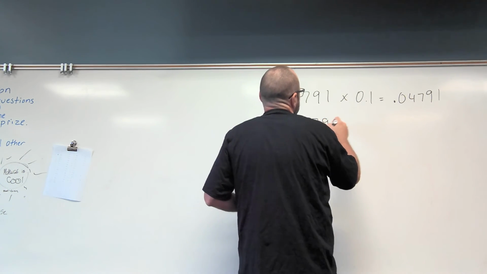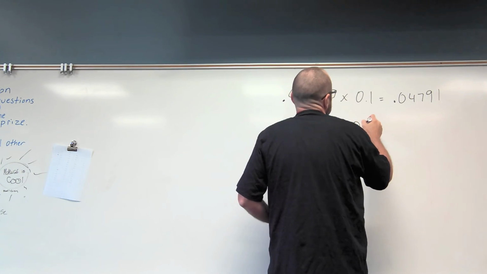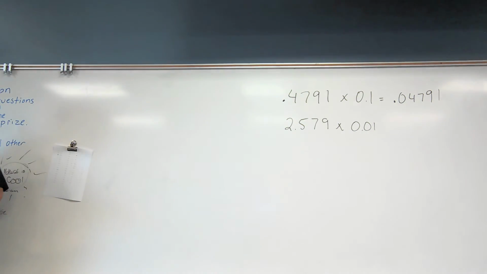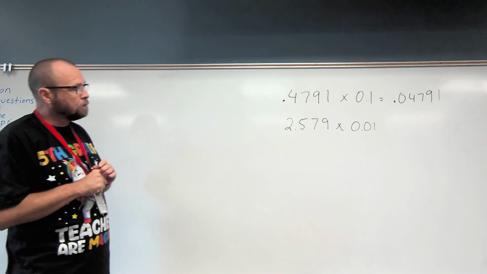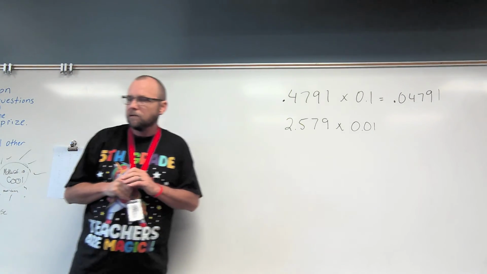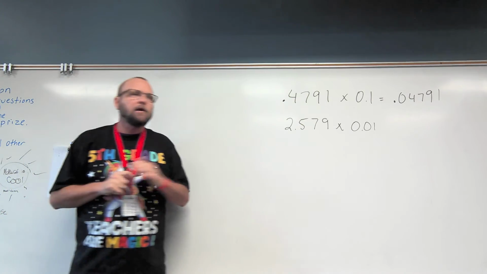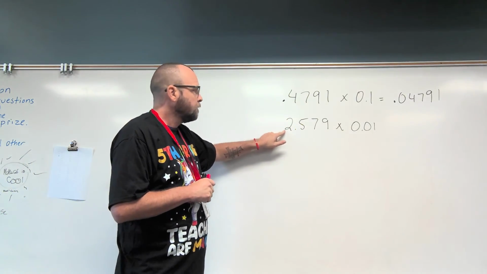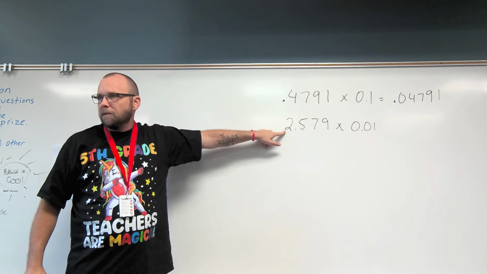Okay, so let's look at 5, 7, 9 times 1/100th. We're multiplying by 1/100th. So I need my 2, which is in the ones place, to be 100 times smaller. If I move the 2 to the tenths place, that's 10 times smaller.